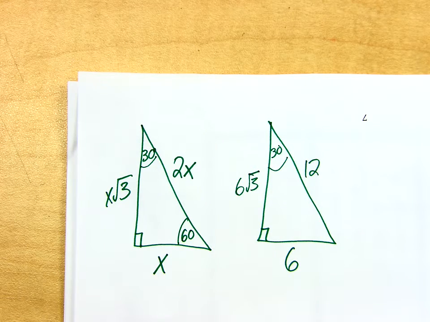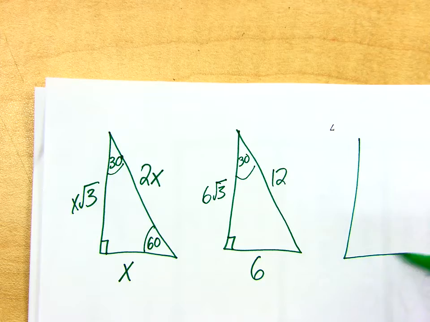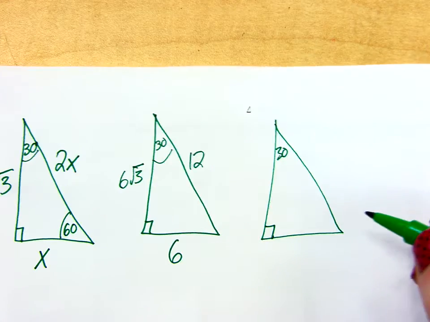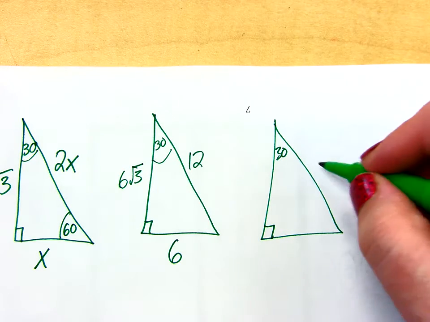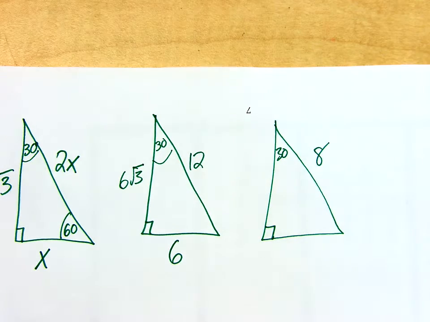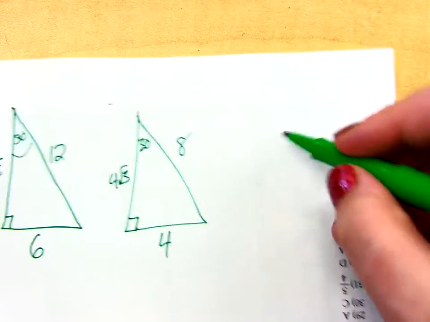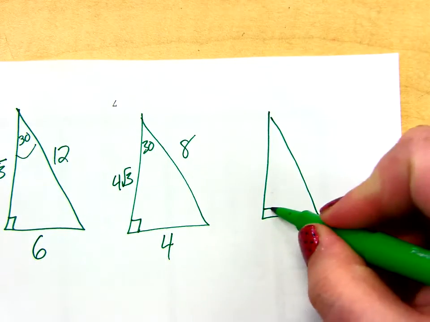Make sense? Okay, let me give you a different piece. What if I gave you, maybe the hypotenuse is, I don't know, 8. What would the short side be? 4, and then the back side would be 4 root 3. Okay. What if I started off by giving you that middle side?